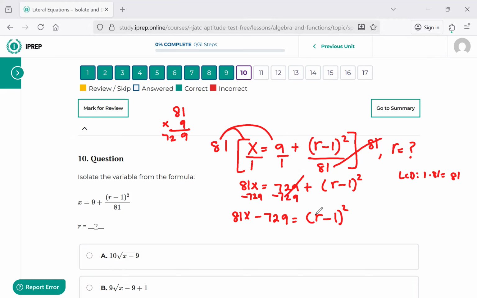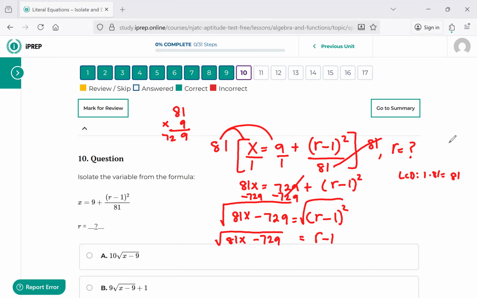And then you're going to solve for r. You're going to get rid of this power of 2 by taking the square root of both sides. The power 2 disappears, so you're left with r minus 1, and over here you're left with the square root of 81x minus 729.